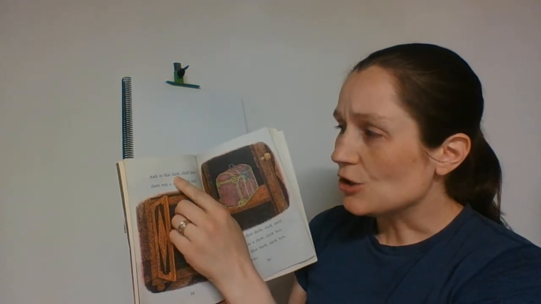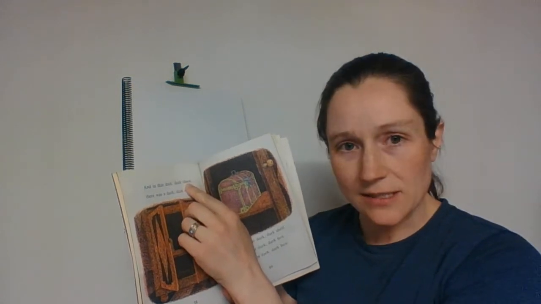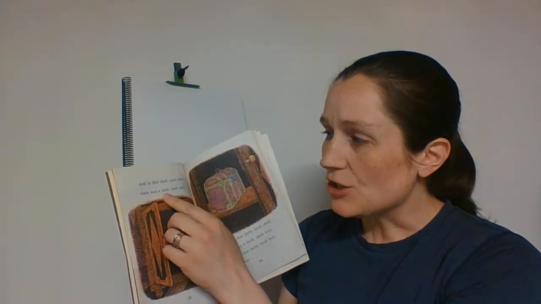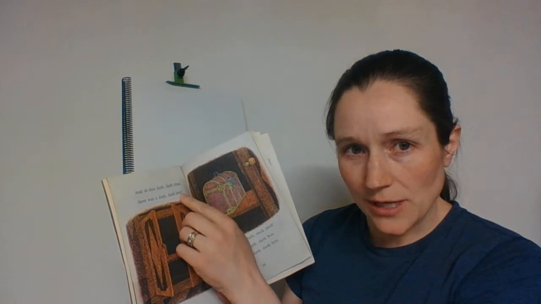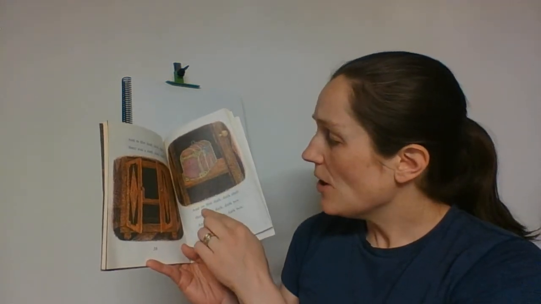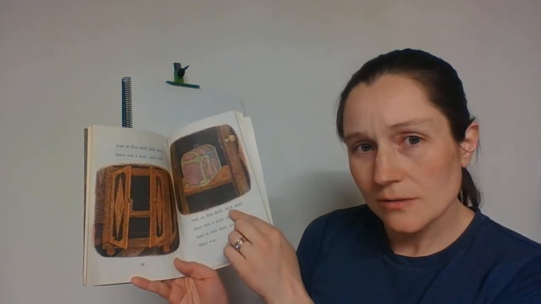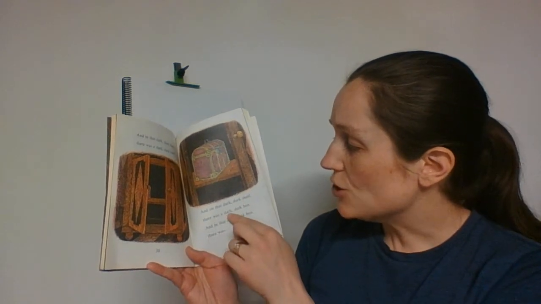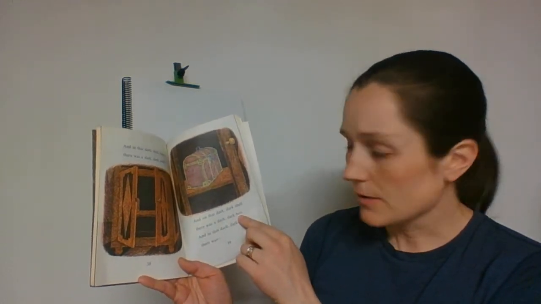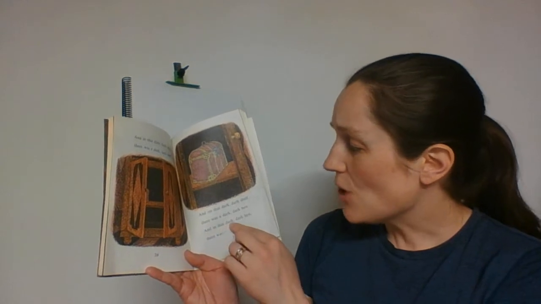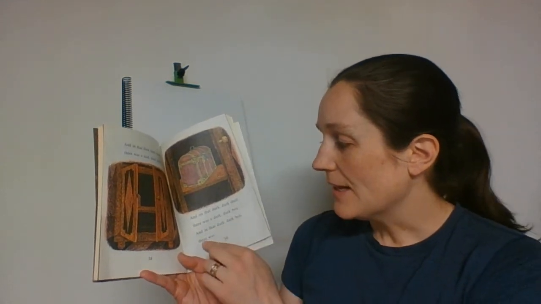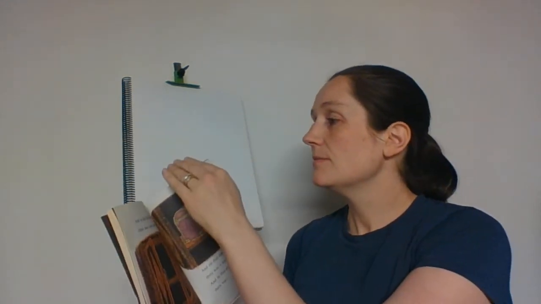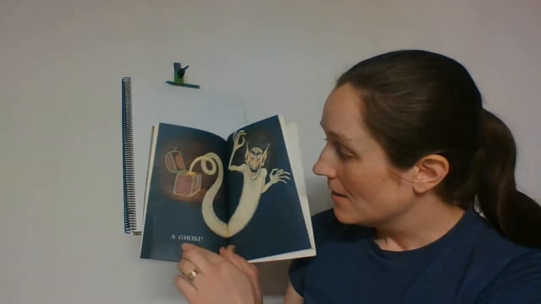And in that dark, dark chest, there was a dark, dark shelf. And on that dark, dark shelf, there was a dark, dark box. And in that dark, dark box, there was a ghost. That's the end of the story.